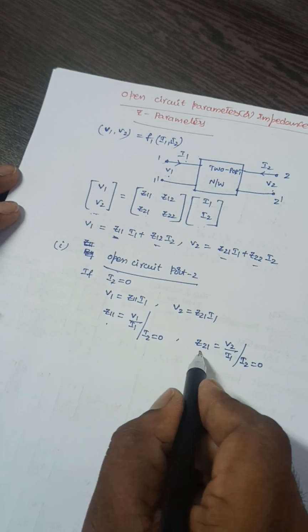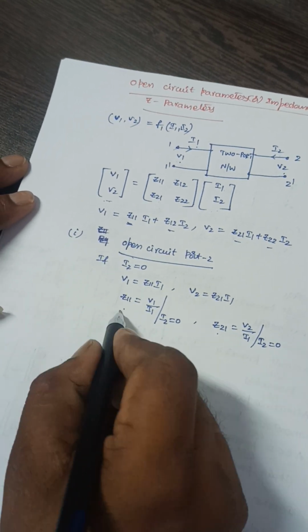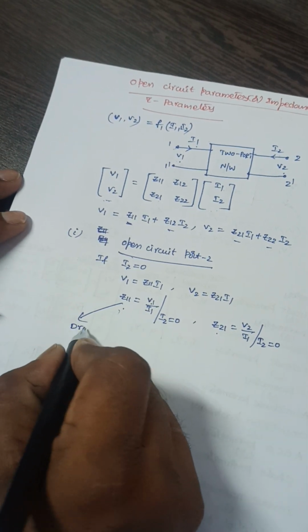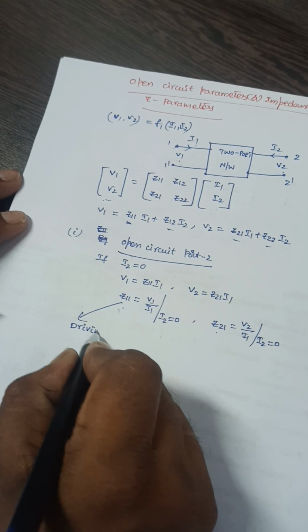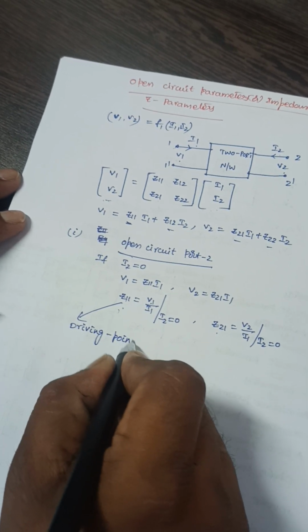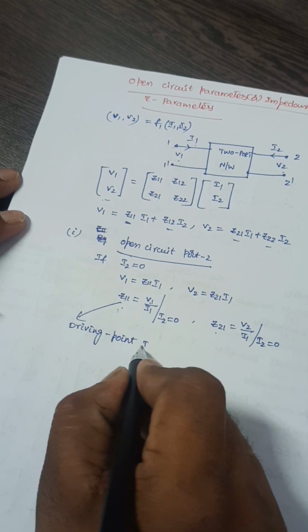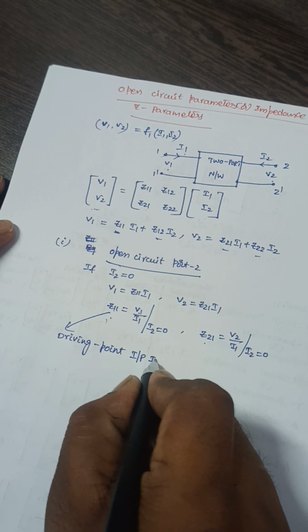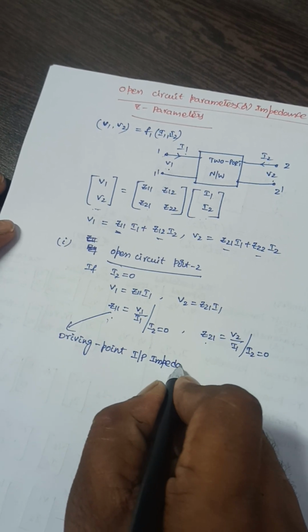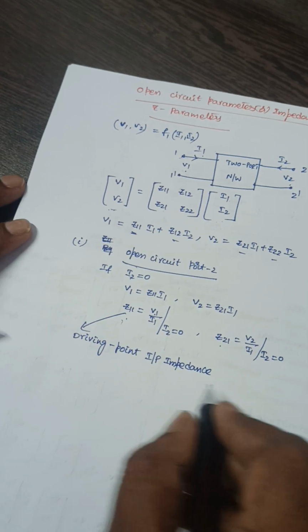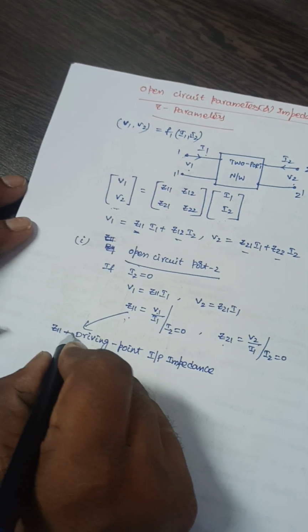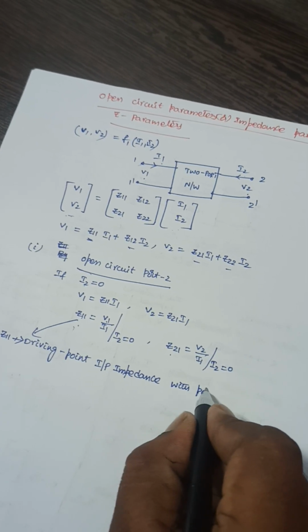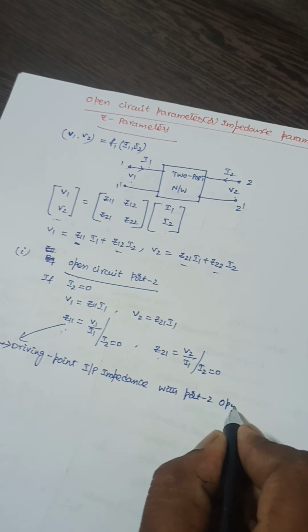This Z11 is called the driving point input impedance, because it is calculated at the input. Z11 is the driving point input impedance with port 2 open circuited.